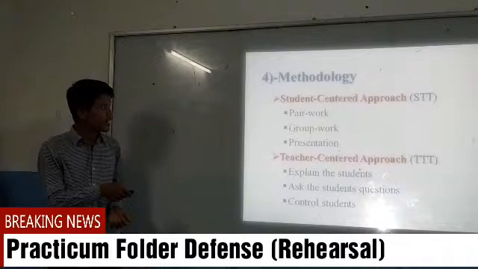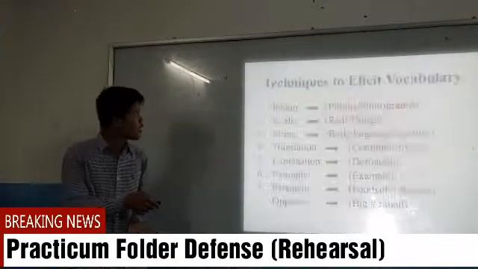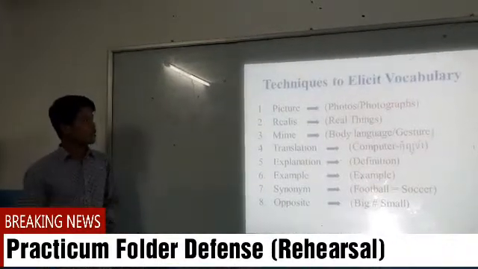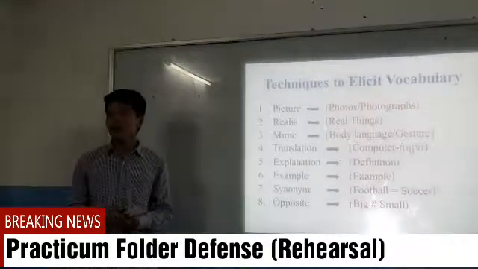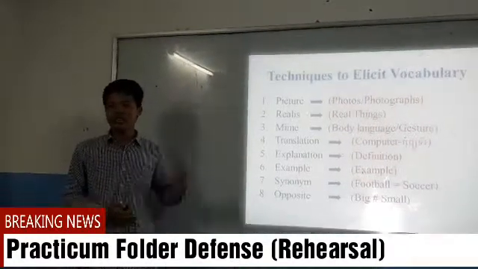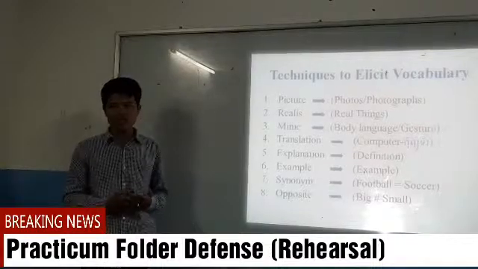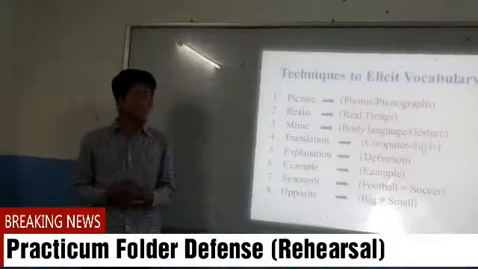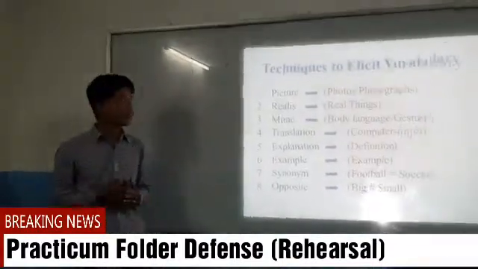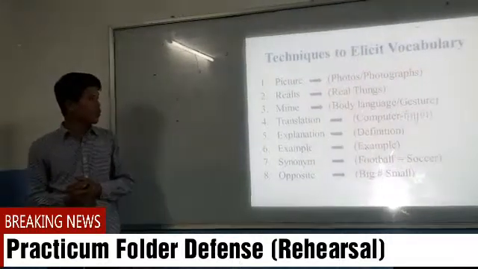So now let's move to the next slide. Techniques to elicit vocabulary. Actually, these are the techniques to show new vocabulary.